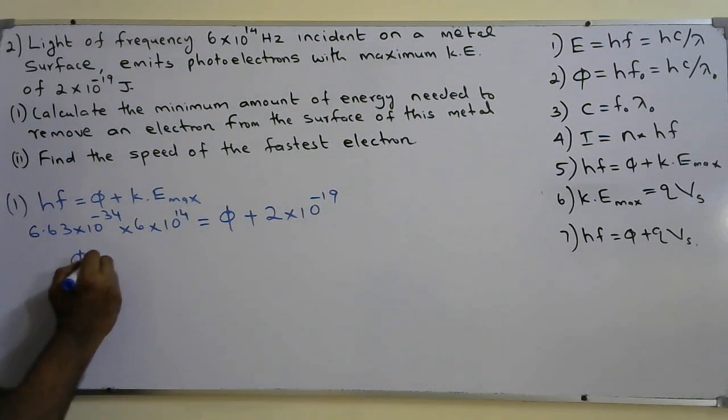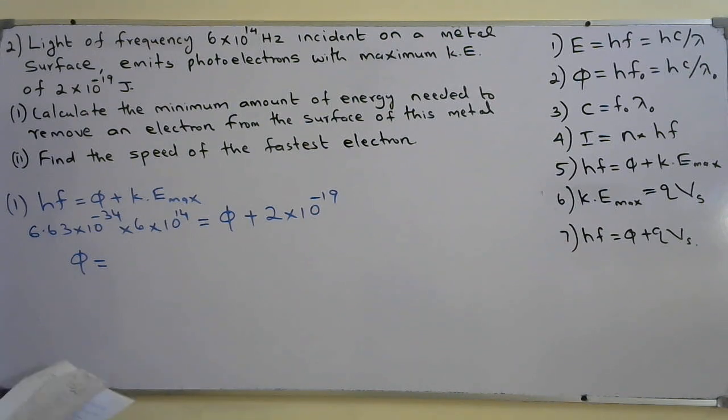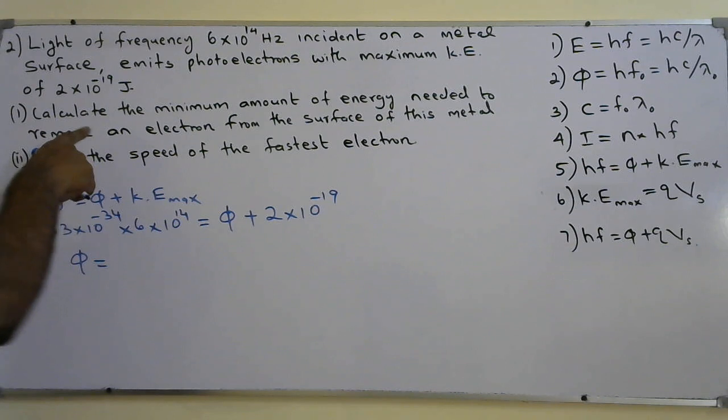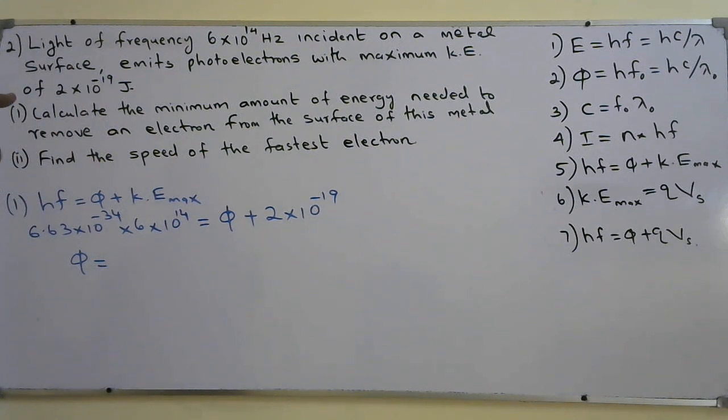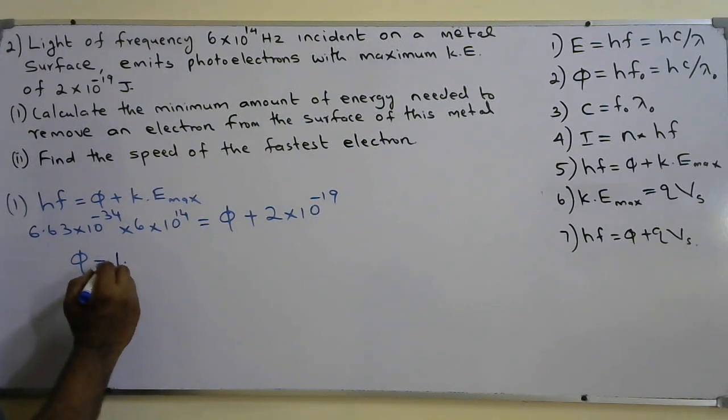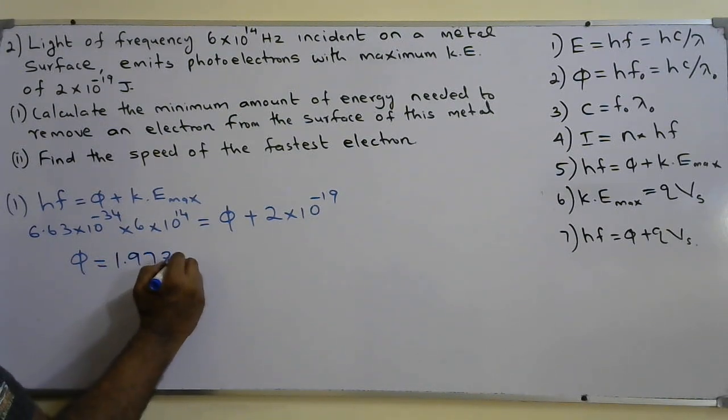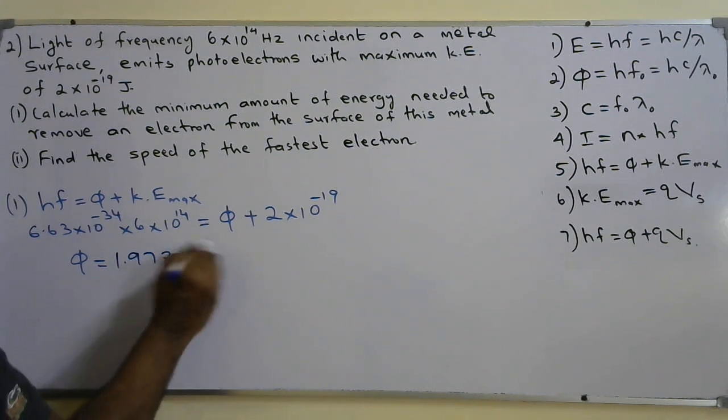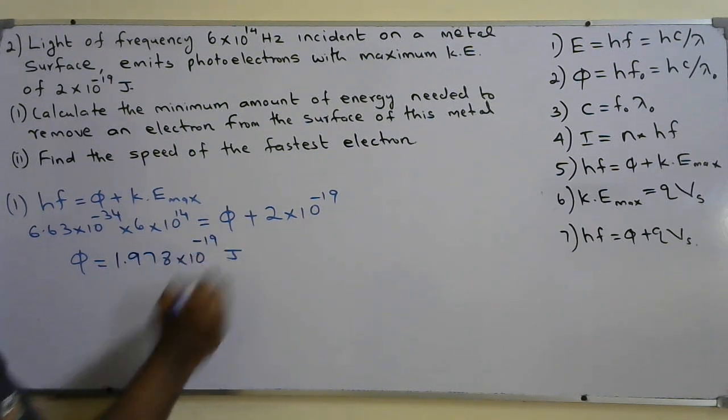Find the work function phi. They ask you to calculate the minimum amount of energy needed to remove an electron from the surface of the metal. So solve it, and you will get the work function, which is 1.978 × 10^-19 joules.